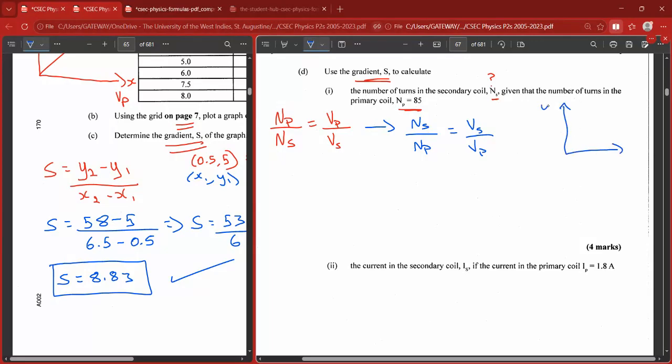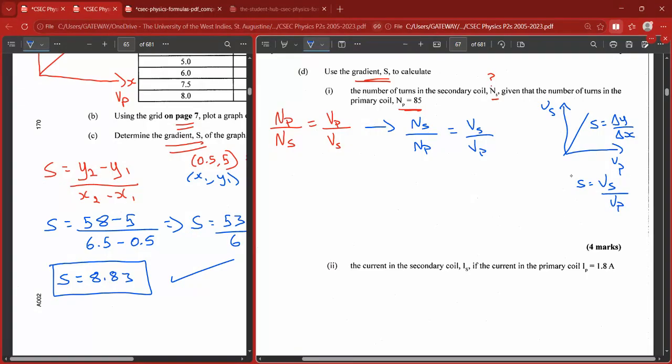Now there's a reason why I flipped it, because when you plotted your graph, you had VS versus VP. So the gradient S would have been the change in y all over the change in x. In other words, S is equal to the change in y would be Vs, so it's really Vs all over the change in x, but what was on the x-axis? Vp.